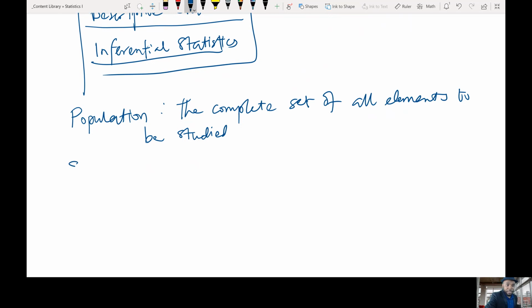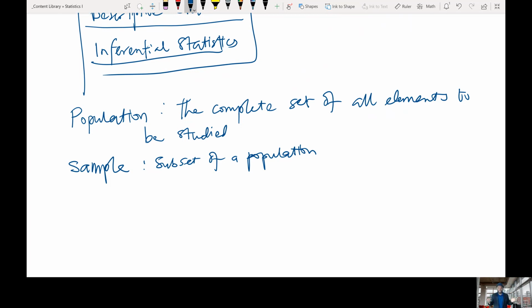So our next keyword here is a sample. And if you're following me, what you must have heard is that a sample is a subset of a population. Okay? It's a subset of a population.